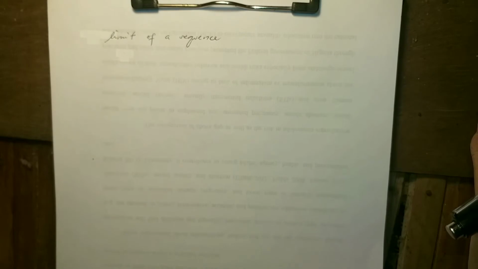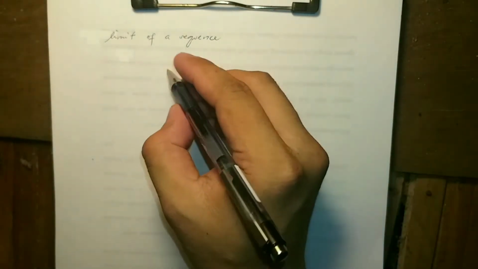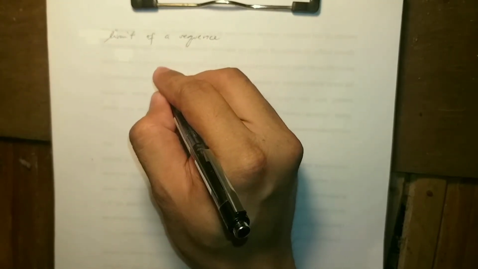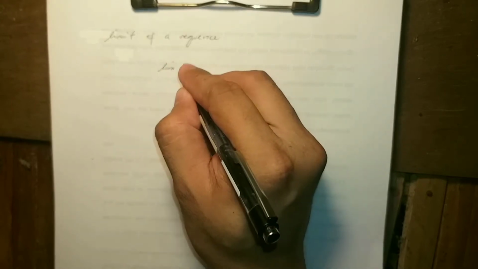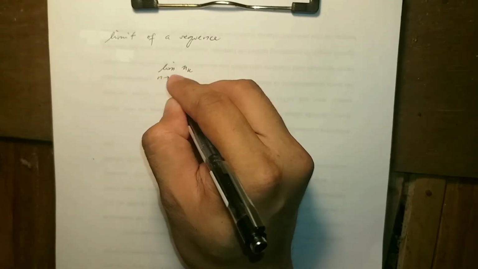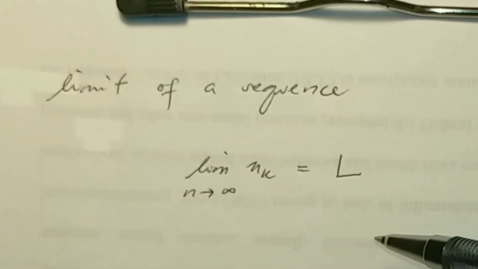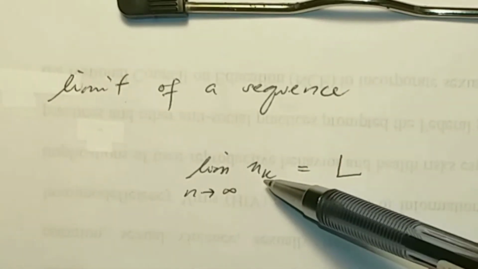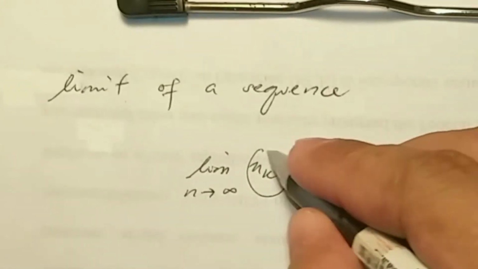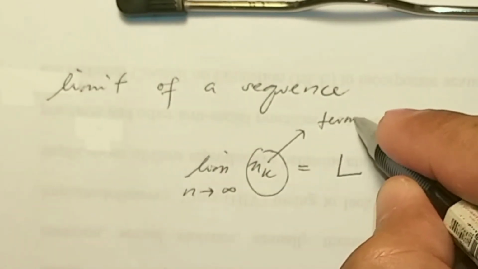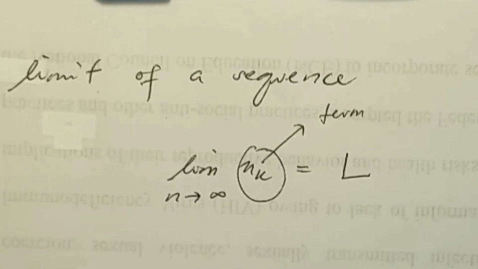For a limit of a sequence, we have the notation, so we read this as limit of uk. uk is what we call the term of a sequence.